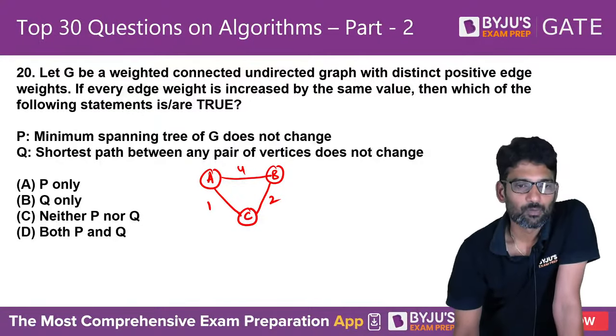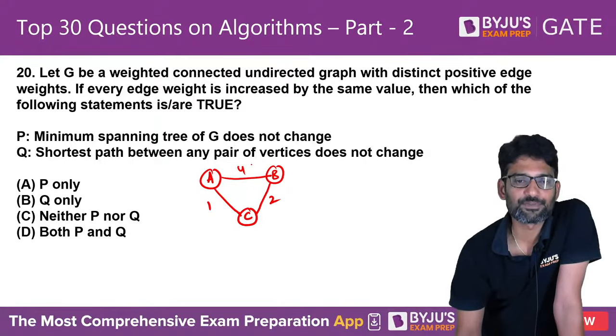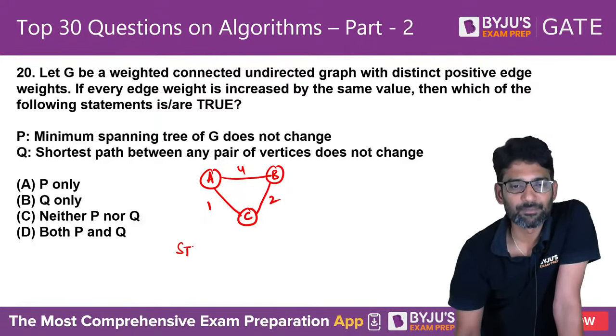Here, what is the minimum spanning tree of G? The minimum spanning tree of G would be A to C, C to B.